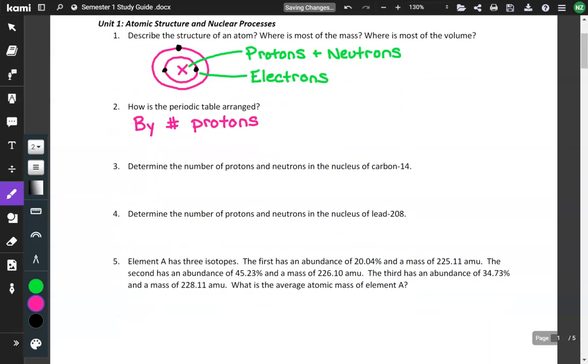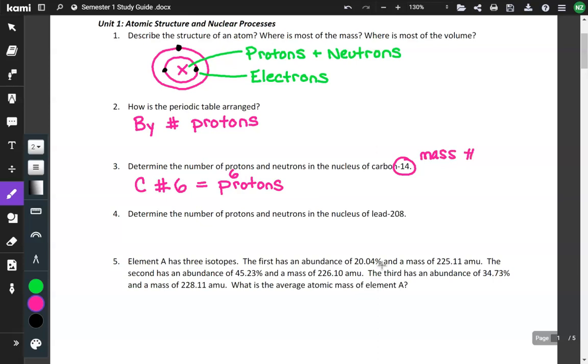Number 3, determine the number of protons and neutrons in the nucleus of carbon-14. So carbon is number 6 on the periodic table. So that means it's going to have 6 protons. That is the mass number.